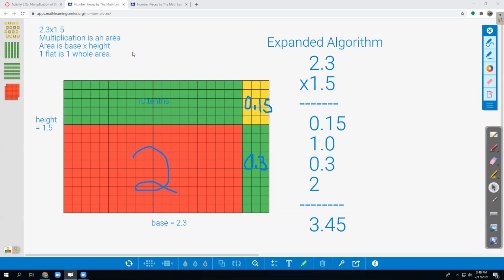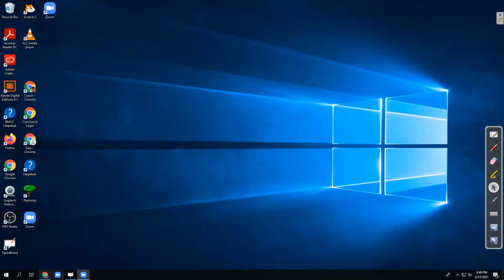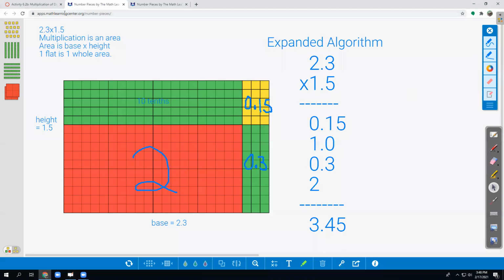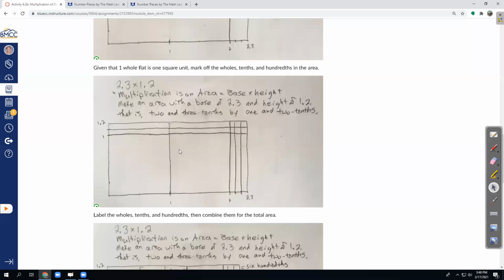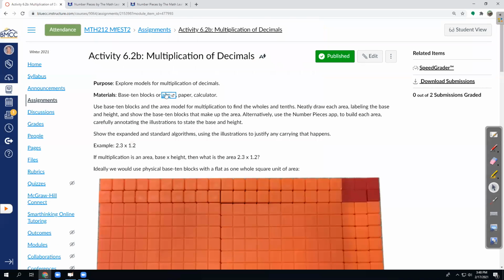All right, so what I would like to do next with you guys is have you guys break into groups of 2 and have one of you take control of that Number Pieces app. Go back here. And you can get to the Number Pieces app if you don't already have a bookmark at the top of activity 6.2b.